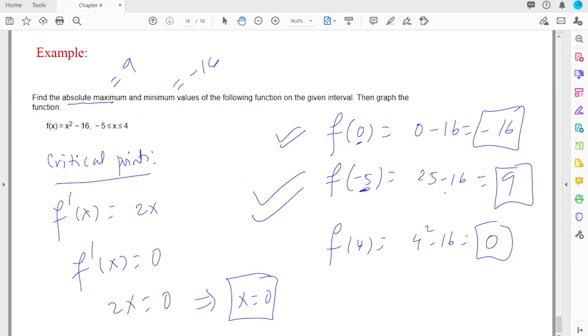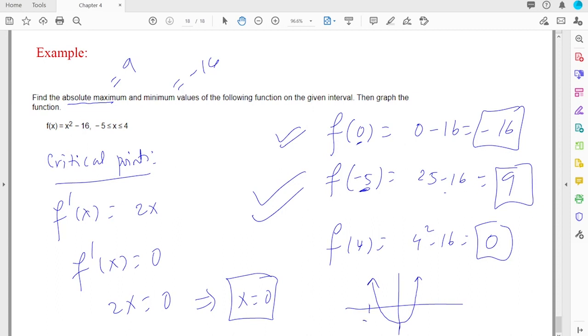Then the graph of the function: as you can see, this is the graph of a parabola shifted 16 units down. So this would be like this, but we have to focus from -5 to +4.